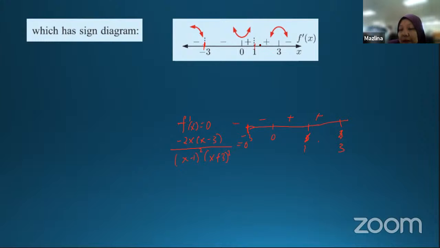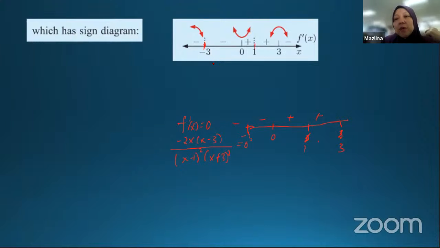Betul? Okay. Kat sini kelas kita ada later, actually after a few slide ni, saya nak masuk tentang stationary point. Kat situ I will explain more. Actually dekat this particular point, kenapa dia ada interval here walaupun dia negatif-negatif, kita ada lagi point dekat situ, which is our stationary point. Stationary point ni dia boleh jadi turning point ataupun dia boleh jadi point of inflection.